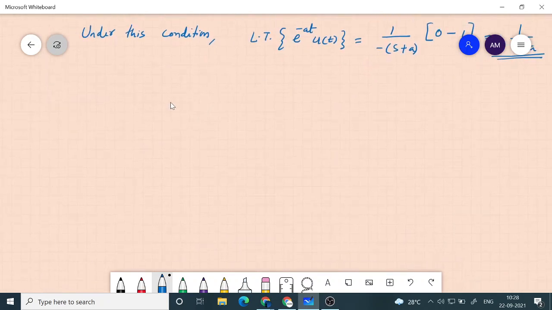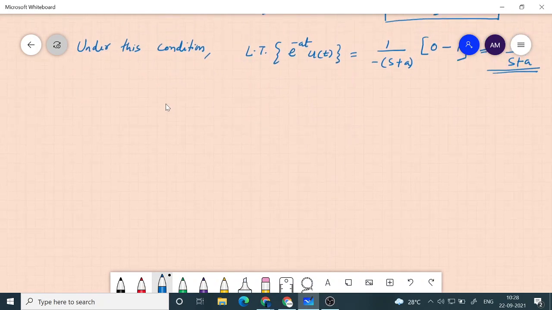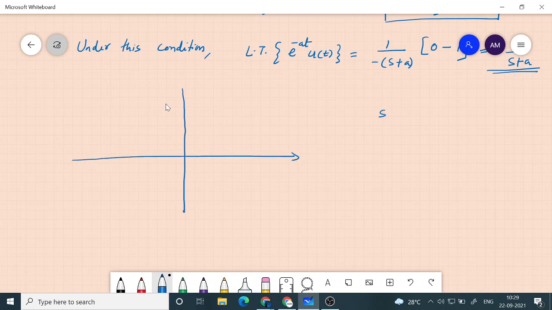So let me just portray that. I am going to what is called the s plane. What is s? S is sigma plus j omega. So this is called the s plane. This is the sigma axis and this is the j omega axis.